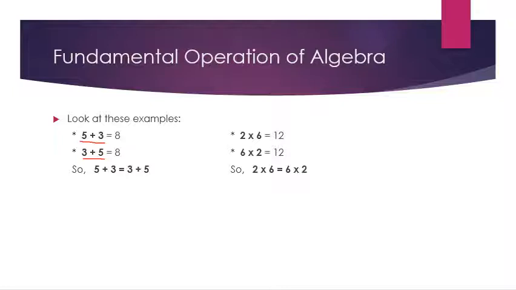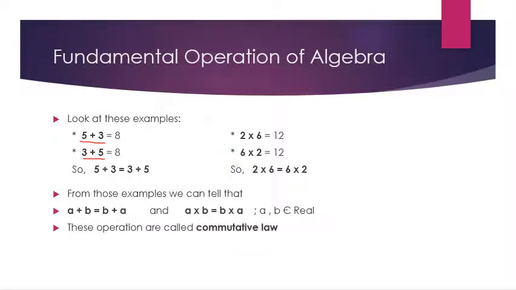It can be done in addition, and it also can be done in multiplication. For example, 2 multiplied by 6 is 12, and 6 multiplied by 2 is 12. So 2 multiplied by 6 equals 6 multiplied by 2.